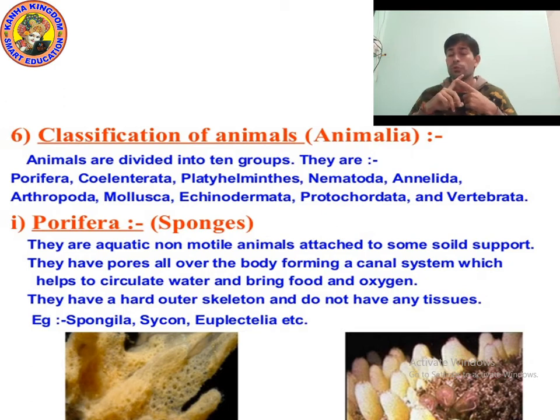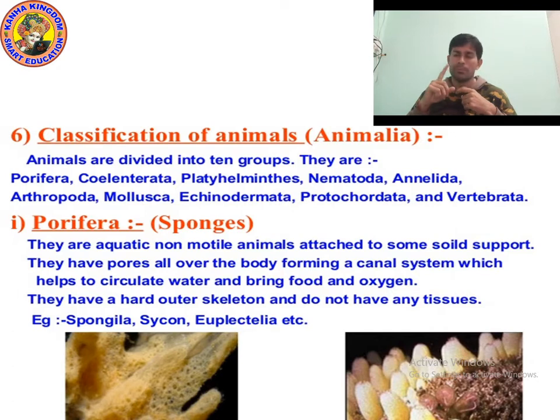Pteridophyta do not produce seed, and phanerogams can be divided again into two parts: naked seed and covered seed. Naked seed we include gymnosperm, and covered seed we include angiosperm.